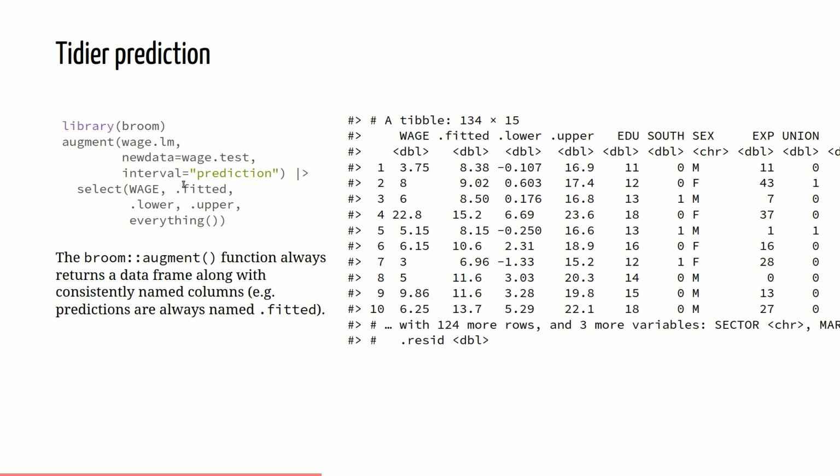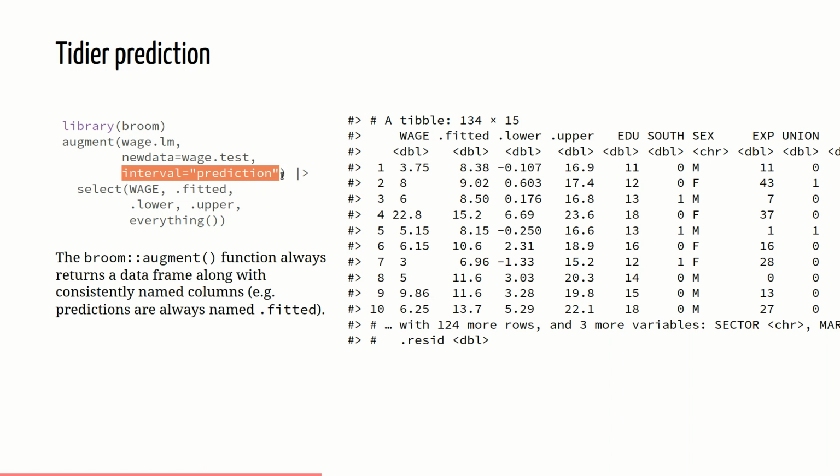But in other model types, it might be quite a big issue. And so the augment function, you give it a model, you give it a new set of data, it will do the prediction for you, and it will bind it to the test data. So it adds a new column to the test data using the prediction. Essentially what it does is it augments the test data with information from the model. So in this case, the prediction from the model.